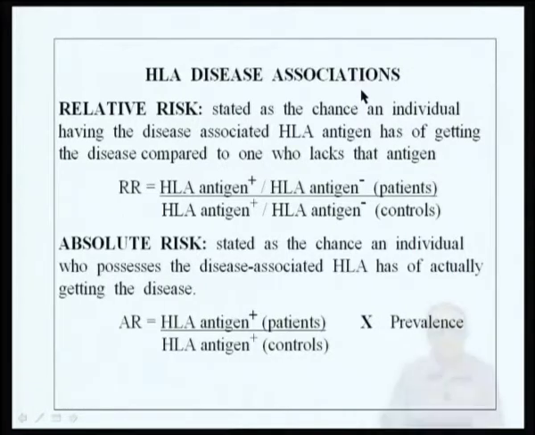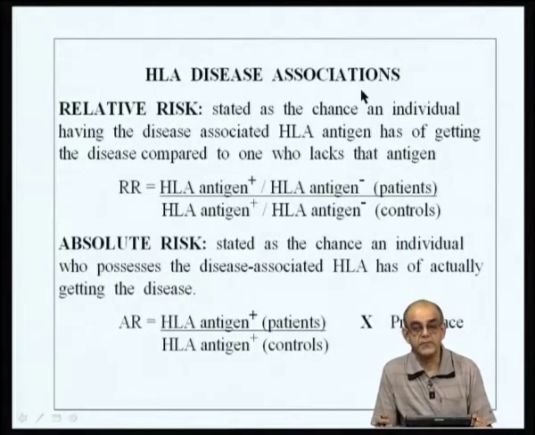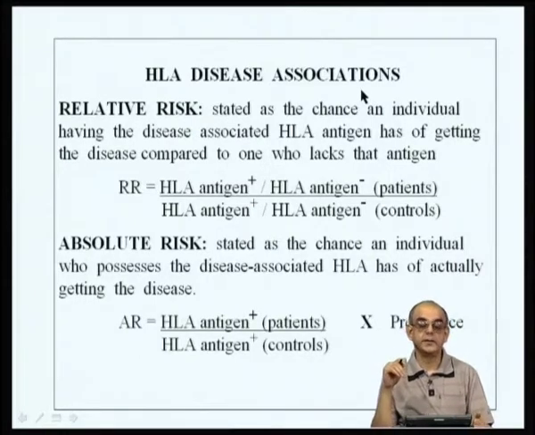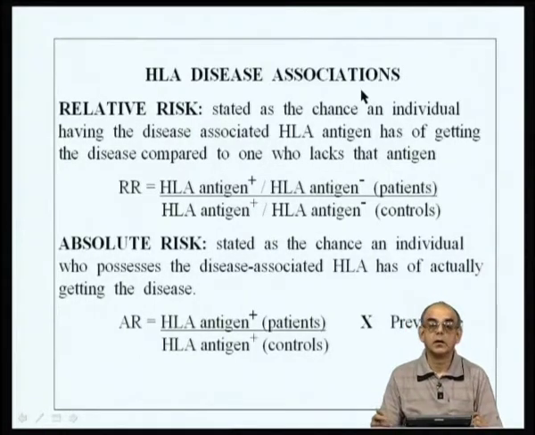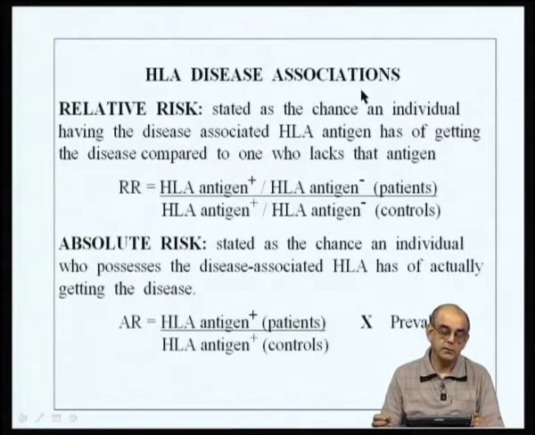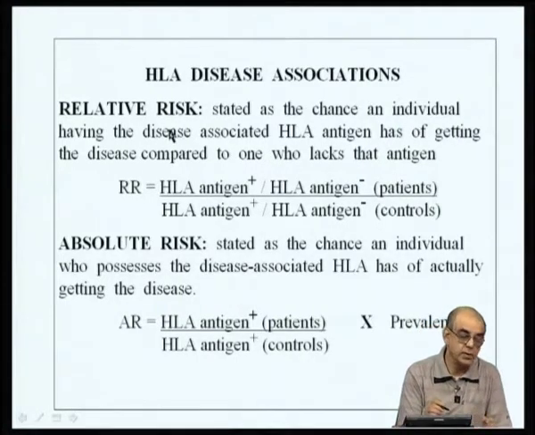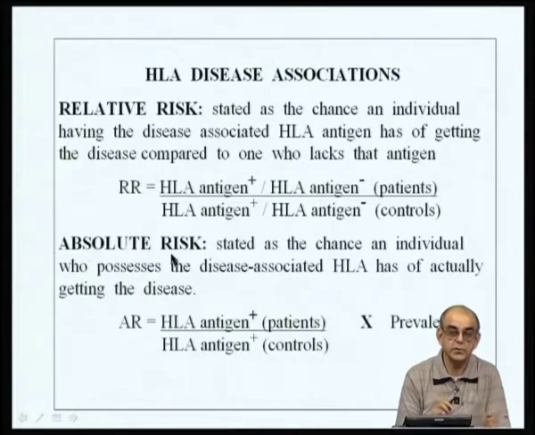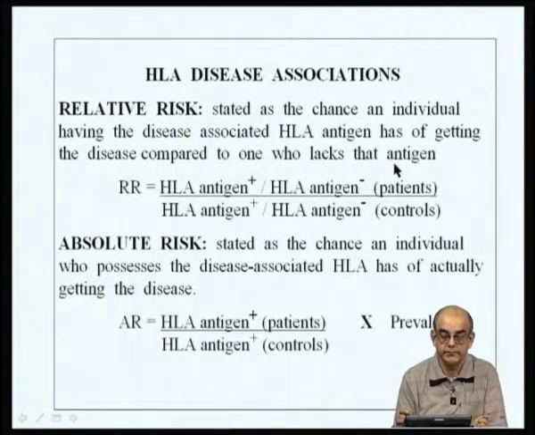When they had done all this typing for several patients who come to the hospital, they found that these HLA disease associations could be defined by two terms called the relative risk and the absolute risk. The relative risk is the chance an individual having the disease associated HLA antigen has of getting the disease compared to one who lacks that antigen.